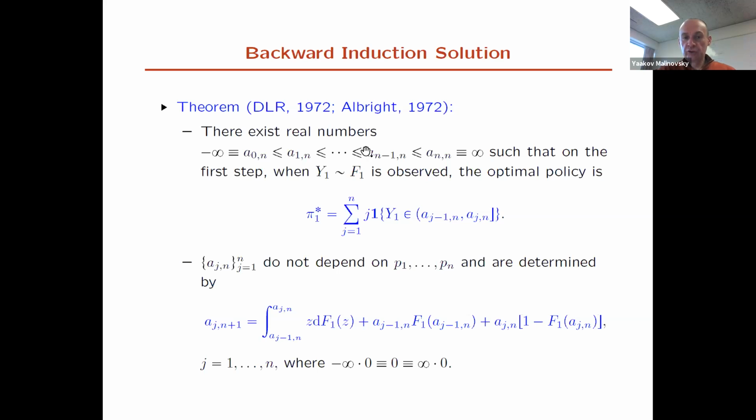In the beginning, you need to find values a_0, a_1 to a_n, which form n intervals. When the first Y arrives, you look at which interval it falls into. Because the values of p are located in increasing order, you assign exactly one value of p for each interval: p1, p2 to pn.